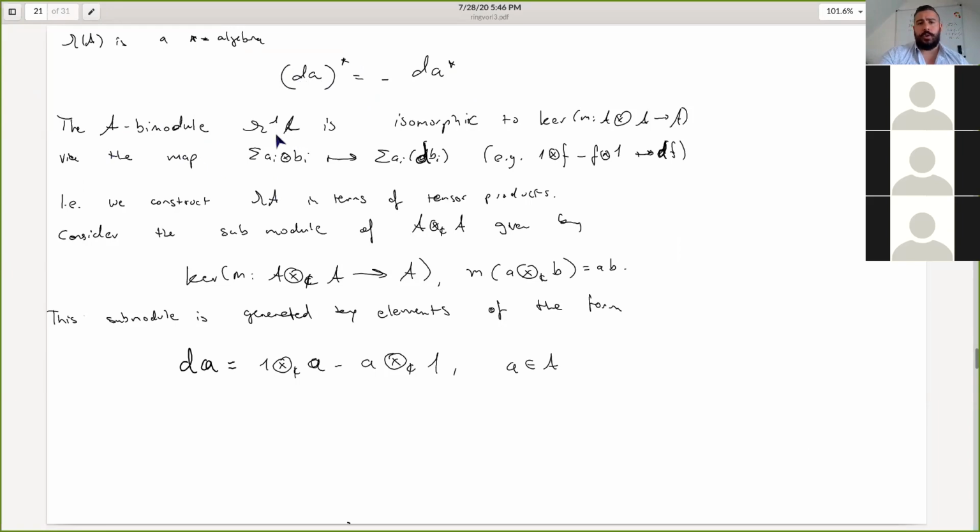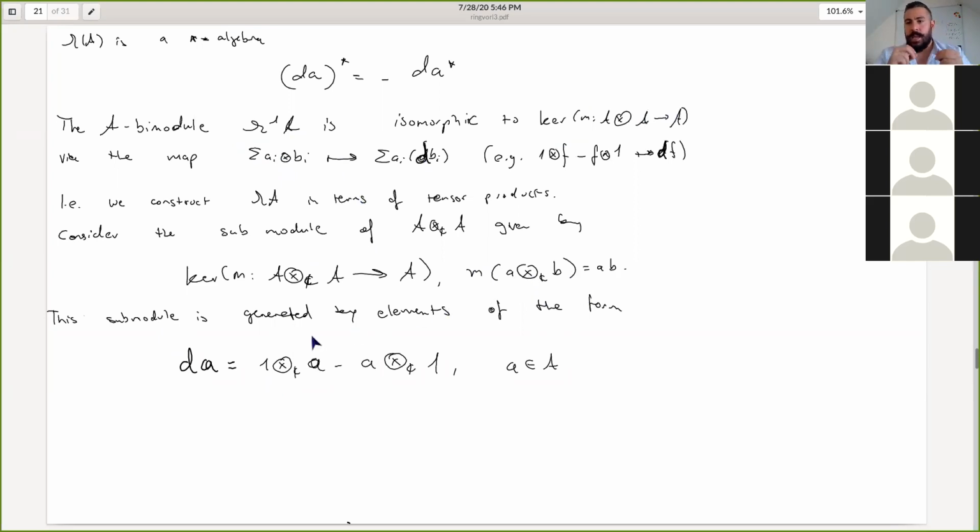The A bimodule omega 1 is isomorphic to the kernel of A tensor A to A via the map sum of A_i tensor B_i. The point is that you can relate the space of one forms with the kernel of this multiplication map. The multiplication map just takes A_i tensor B_i and multiplies them together, so A tensor B is equal to AB.